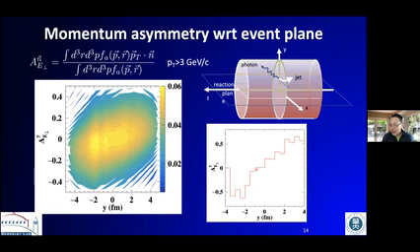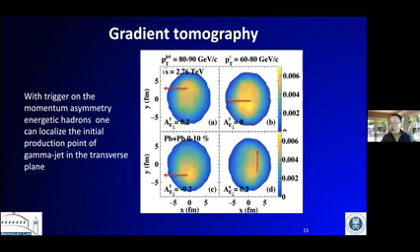But in this case, this is more than that. This is more than the total length. You can actually pinpoint where it comes from, instead of the average propagation length, by triggering on this transverse asymmetry we define, which we call gradient tomography. You have to combine this with other measurements, for example.